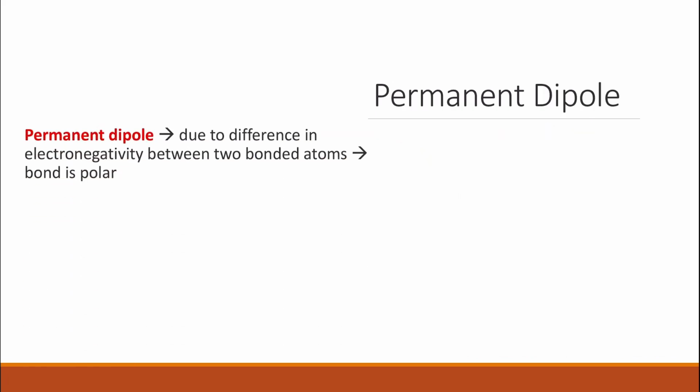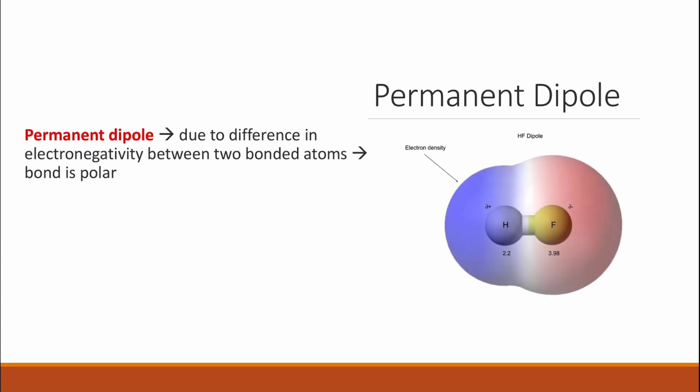Permanent dipole. Due to the difference in electronegativity between the bonded atoms in covalent bonding, the bond will be polar, and we say that it has a permanent dipole. So again, when we look at the bond between hydrogen and fluorine, we can see that fluorine is more electronegative.